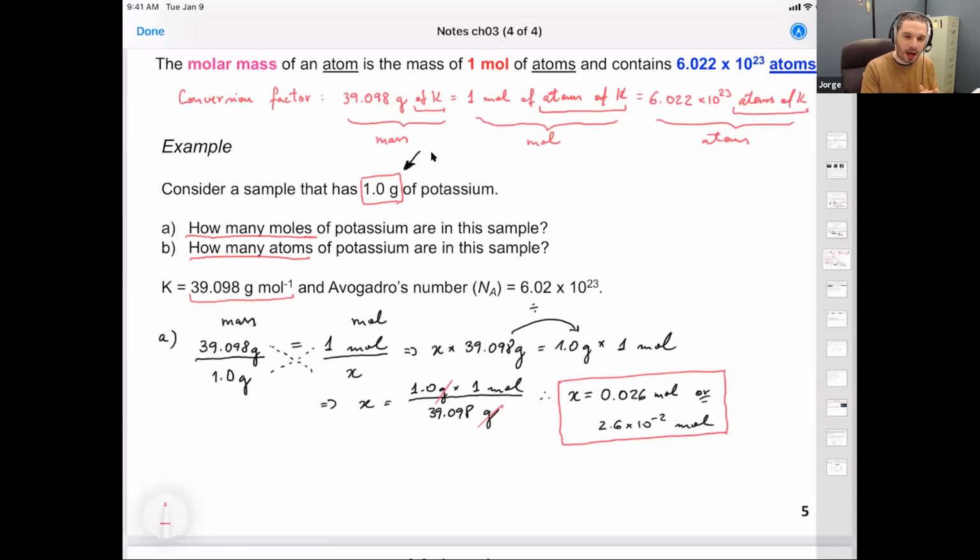I prefer to use mass and atoms, and the reason for that is if you use mole with atoms, you depend on your previous answer. If you messed up your answer, you will mess up the second part of the question.